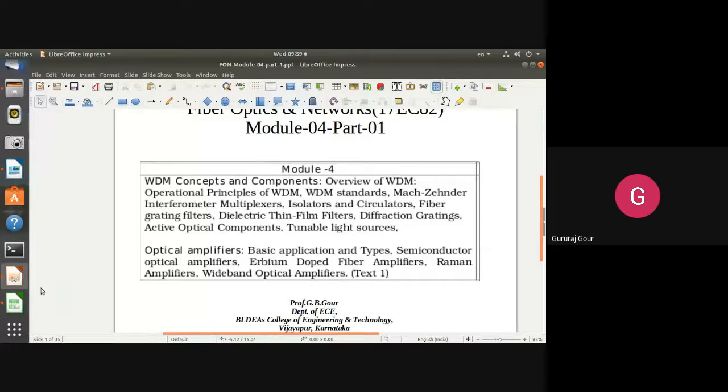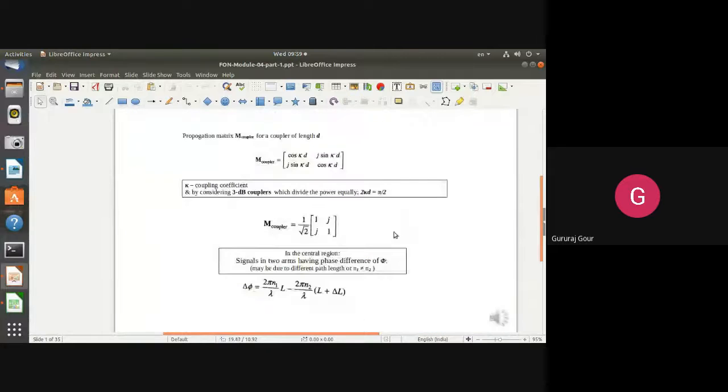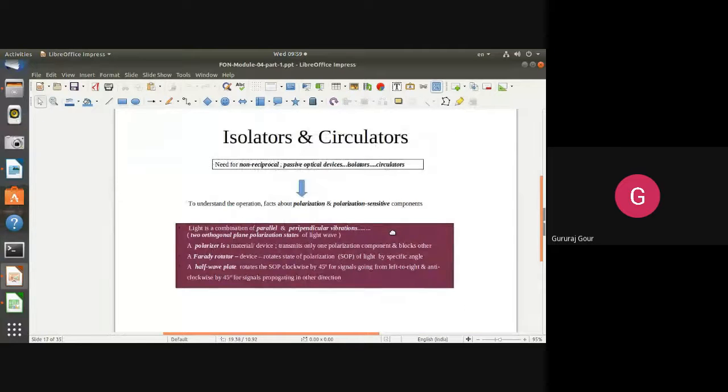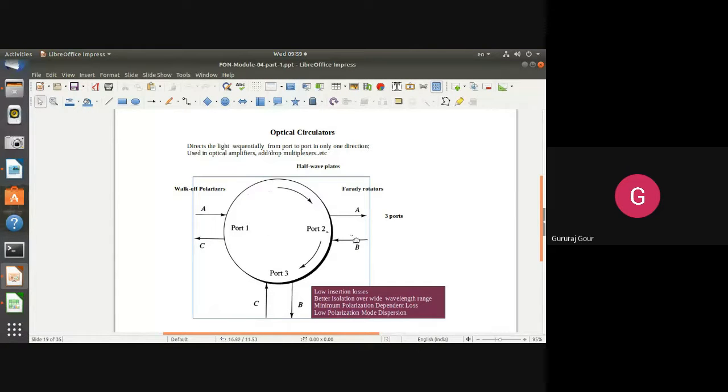So in the last session, we discussed the passive optical devices like isolators and circulators. Just to go through them: these are passive devices and non-reciprocal, where whatever optical ray you put in from one port comes out from the next successive port.